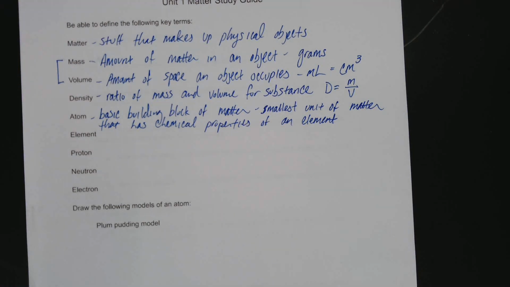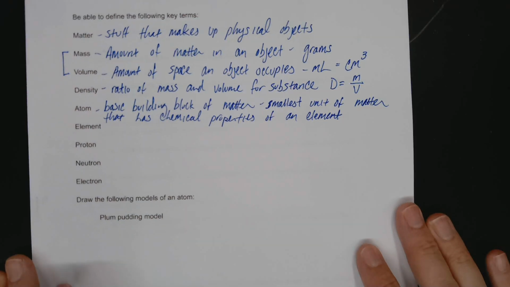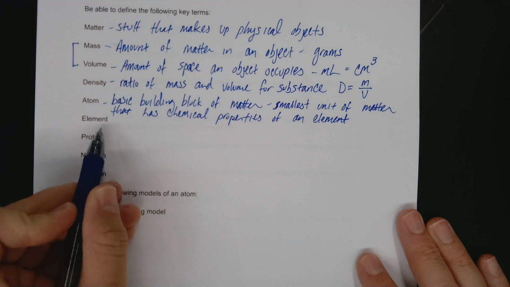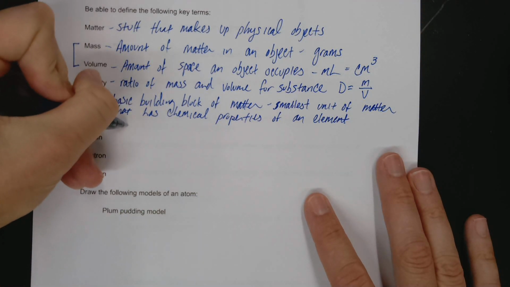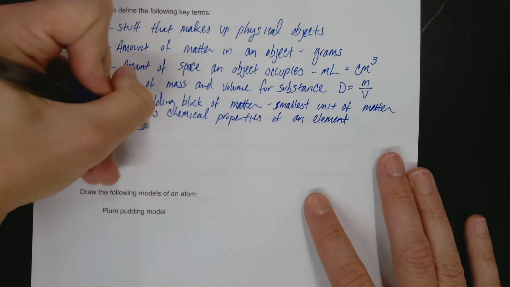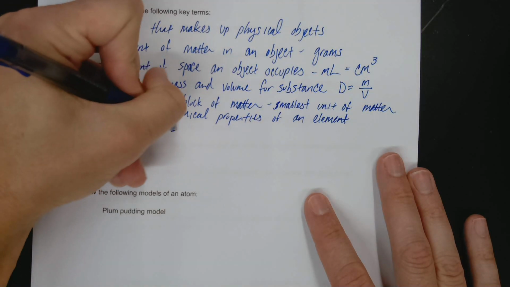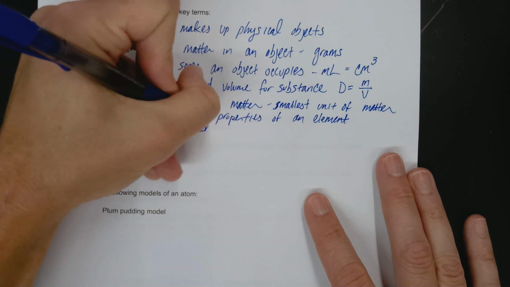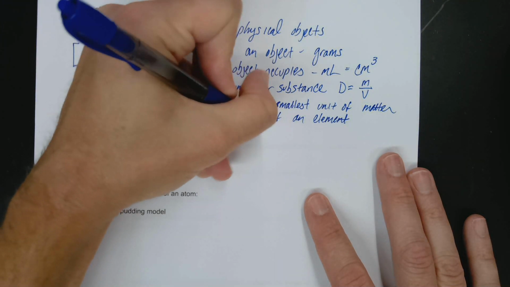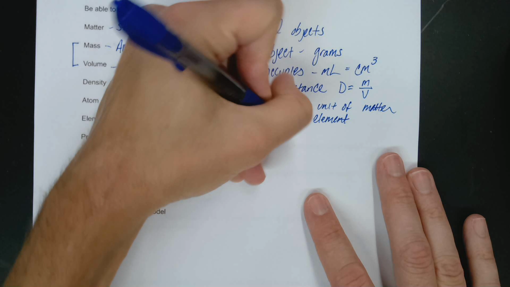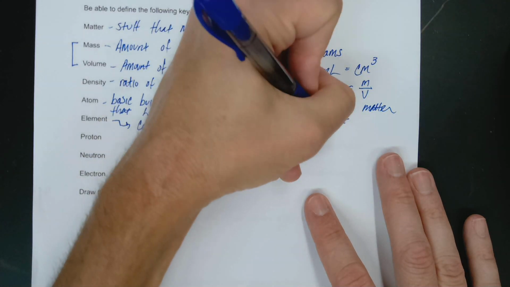Now, different types of atoms are labeled as different elements, and this is where we get into the periodic table of the elements. So elements cannot be broken down. They cannot be chemically broken down into a simpler substance.